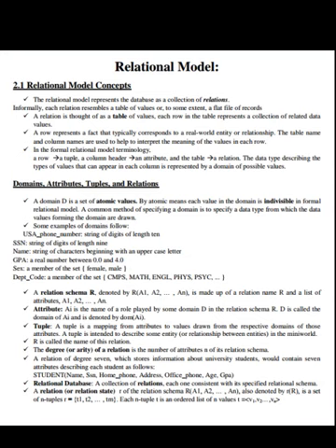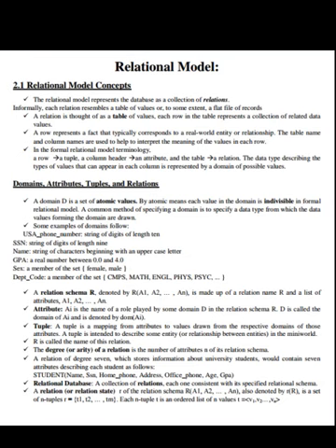A domain D is a set of atomic values. By atomic, we mean each value in the domain is indivisible. In the formal relational model, a common method of specifying a domain is to specify a data type from which the data values forming the domain are drawn. Some examples of domains follow. USA phone number: string of digits of length 10.